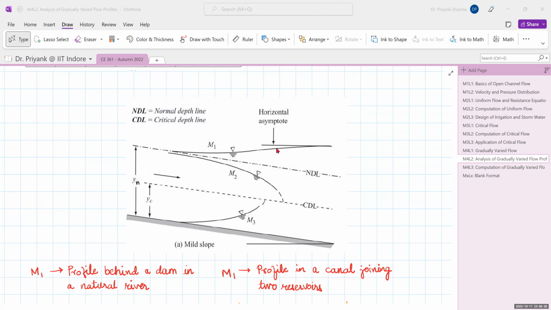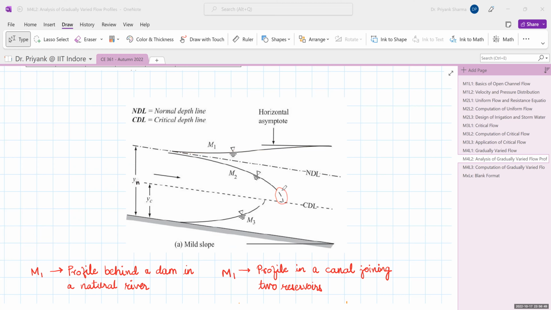In any figure, when we plot the flow profile, we represent the CDL, that is the critical depth line, and we represent the NDL. In case of mild slope, your NDL would always be greater than CDL. So this is your M1 profile, with a horizontal asymptote here. This is the M2 profile. Why is it shown with a dashed line?